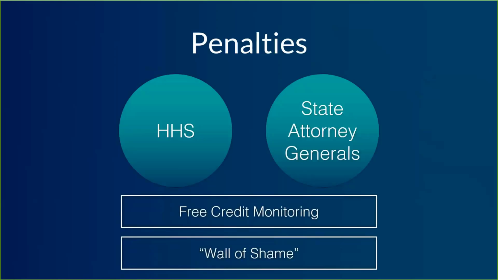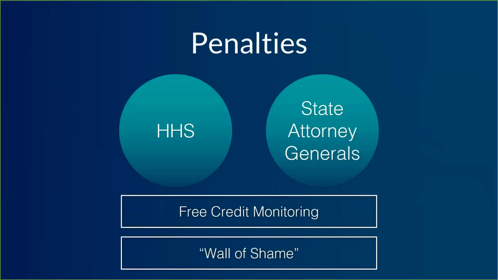If anyone has gotten one of those letters from one of those big credit card breaches, it says, you have been given a year of free credit monitoring, et cetera. Well, unless you've got some sort of HIPAA privacy and security insurance policy, you're probably paying for that out of pocket if you have a breach. So make sure to keep that in mind. It's not just the penalties that come from the government or from the oversight agencies.